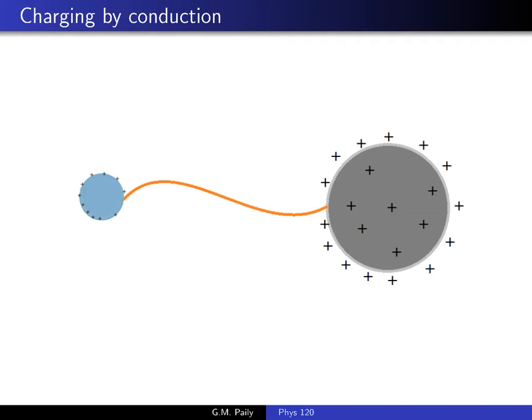One interesting point to note is that if you have a metallic object which is three-dimensional and you put some charge on that metallic object, then all the charge will go to the surface. Why do I say a three-dimensional metallic object?